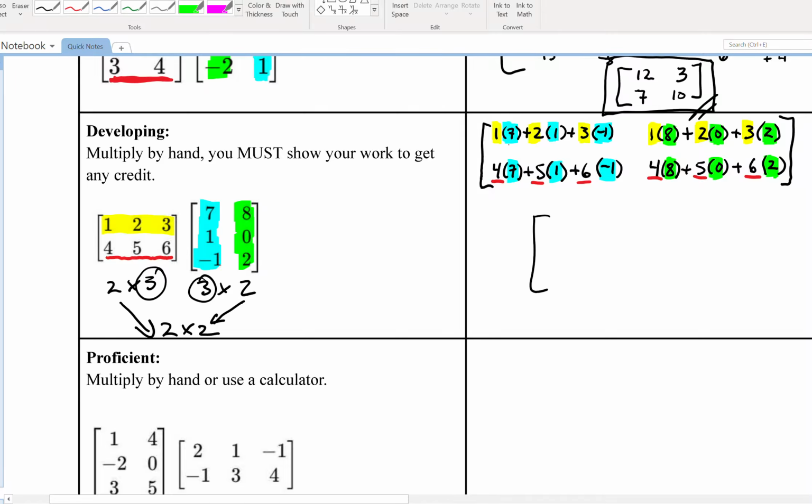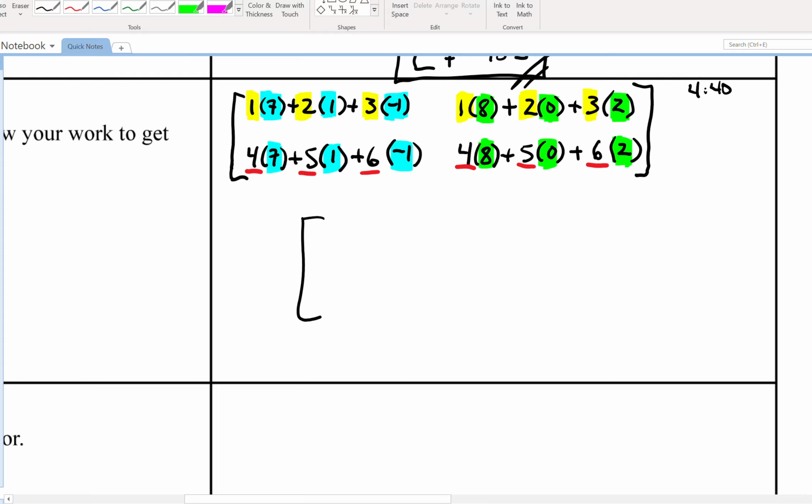1 times 7 is 7 plus 2 minus 3. So that's 9 minus 3. This one is 6. Here I've got 8. 2 times 0 would be 0. 3 times 2 is 6. 8 plus 6 is 14. Down here I've got 4 times 7 is 28.